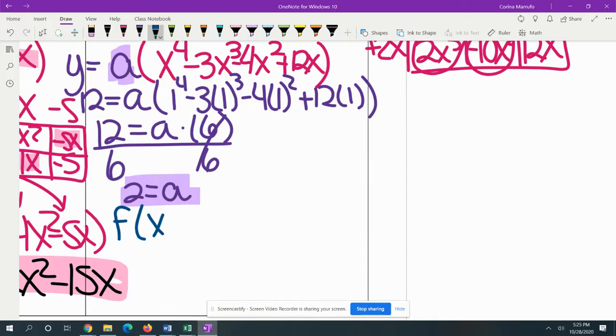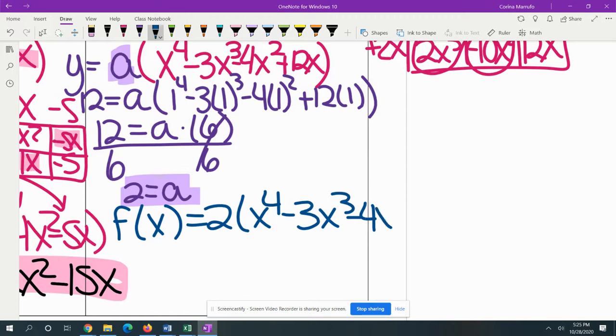So f of x equals, we said a is 2, times x to the 4th power minus 3x cubed minus 4x squared plus 12x. Okay, I'm going to go ahead and distribute that 2 to each one.